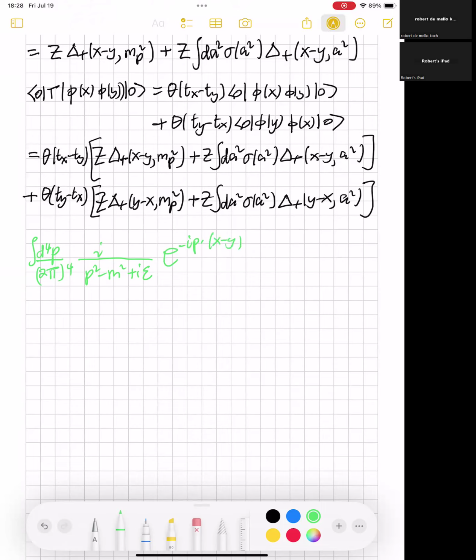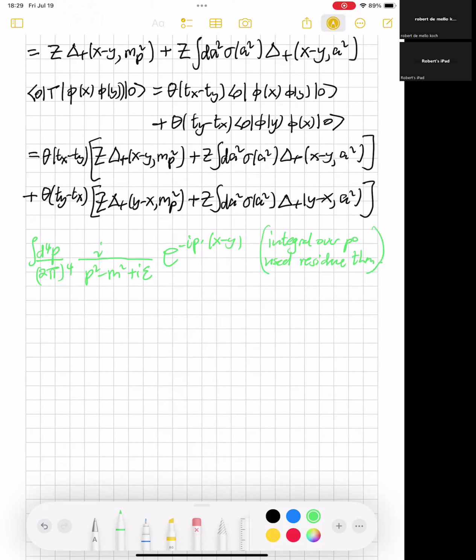We studied this in a lot of detail. We did the integral over p⁰, and to do that integral we used the residue theorem. So that's what I'm referring to.